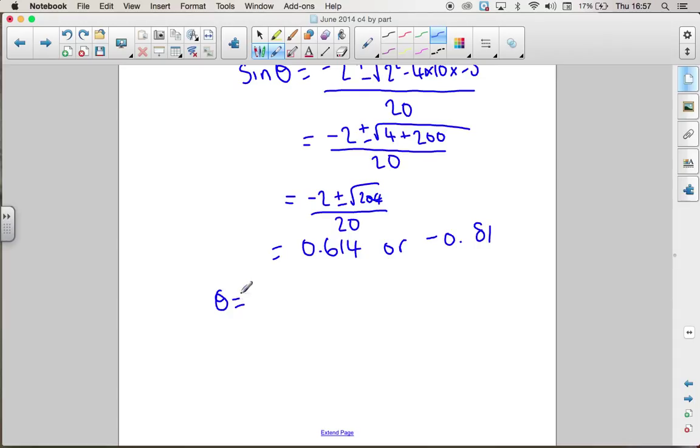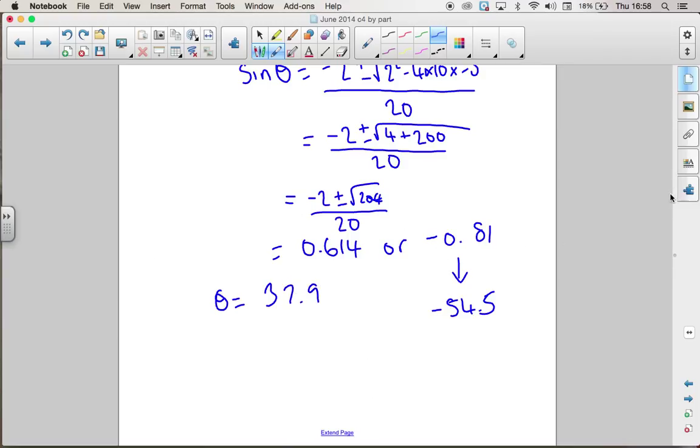That means theta, if I inverse sine those two values, from this one gives me minus 54.5, and from the other one gives me 37.9.